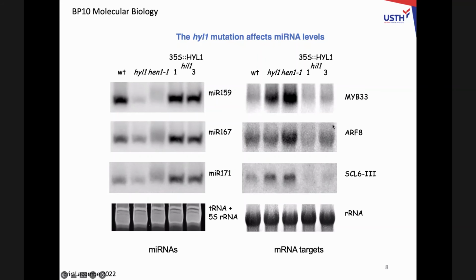On the right of the slide, this is the same northern analysis, so quantity accumulation of messenger RNA of the targets of these microRNAs. So, for example, the microRNA 159, if it is produced, is going to recognize the MYB33 RNA and degrade this target.